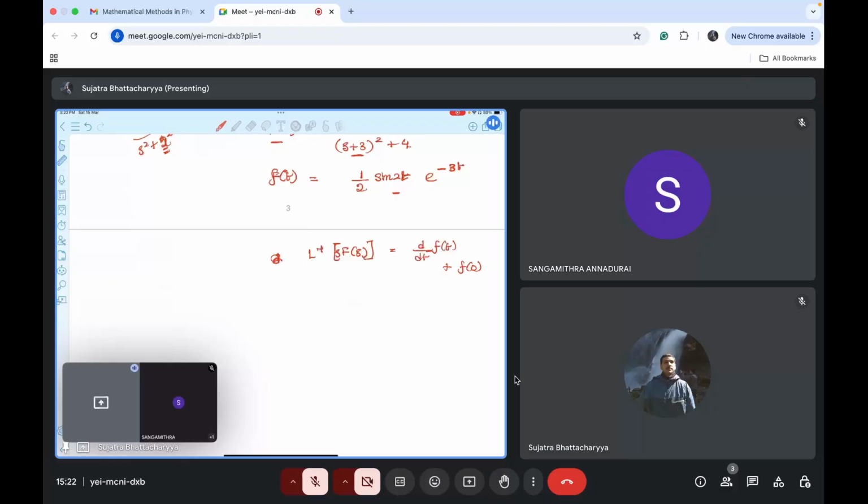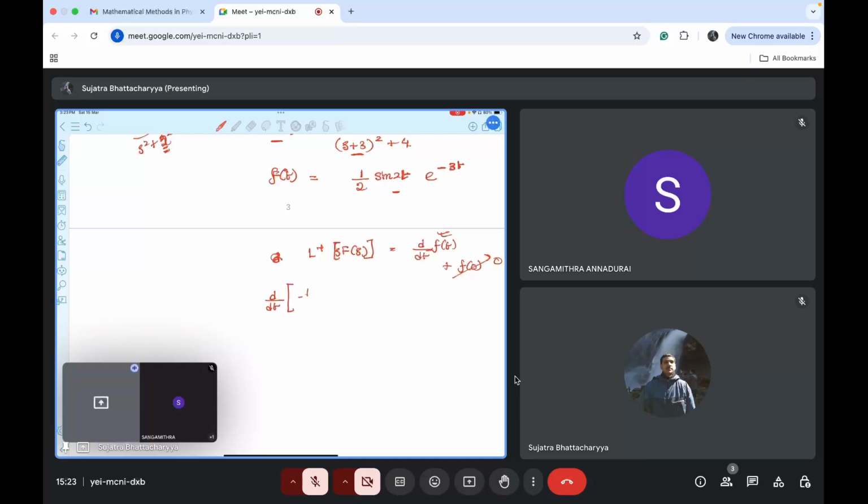Fine. Now if you put t is equal to 0, this will be 0 only, right? So this is gone. Sine 0 is 0, so it is gone. You only have to differentiate d dt of f(t). That's all. So you can try it, or I just put it here.